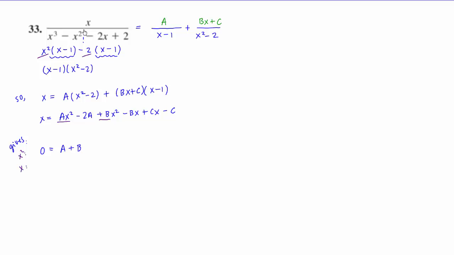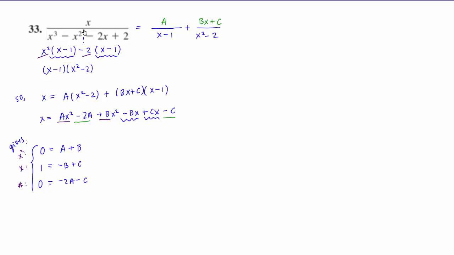On the left hand side there is 1x. On the right hand side we have minus b and plus c, so negative b plus c. And then we need to deal with any constant terms, any numbers. Again, on the left there are none, so that is 0. On the right hand side we have negative 2a and negative c. So negative 2a and negative c makes this system.